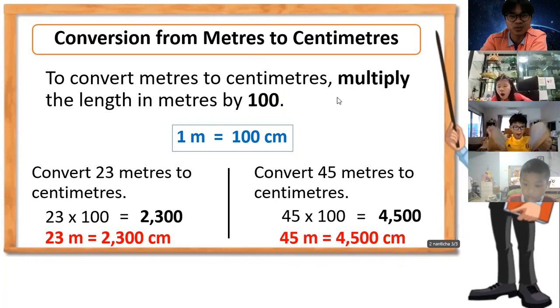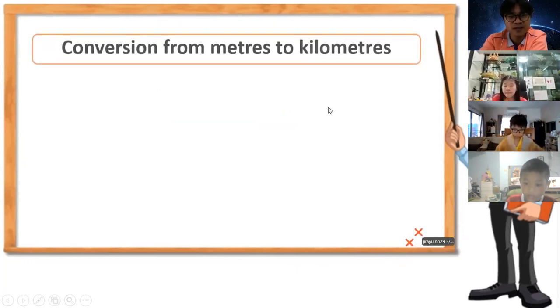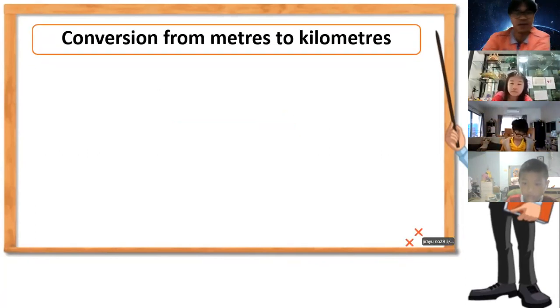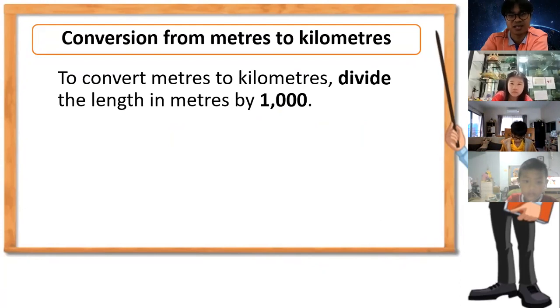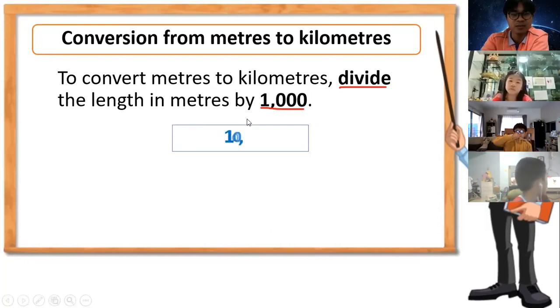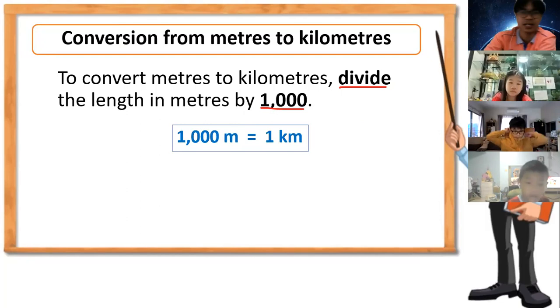Okay. Next, let's proceed to the next one. Conversion from meters to kilometers. From meters to kilometers, divide the length in meters by 1,000, because 1,000 meters is equivalent to 1 kilometer.